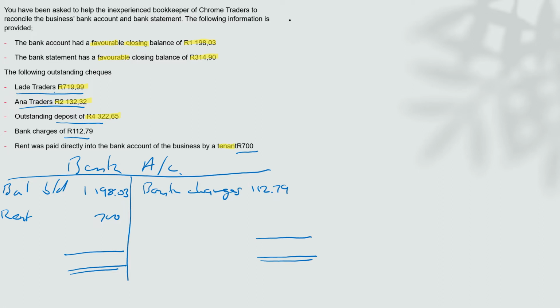So this will give you 1198.03 plus 700. That will be 1898.03. So that will be the total for both sides, because that's the biggest total.